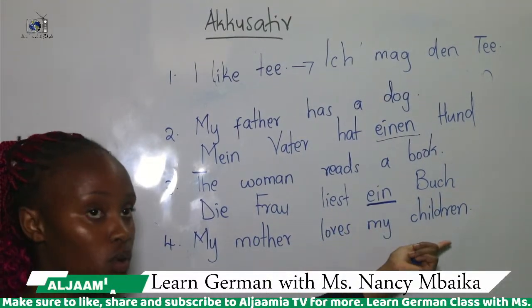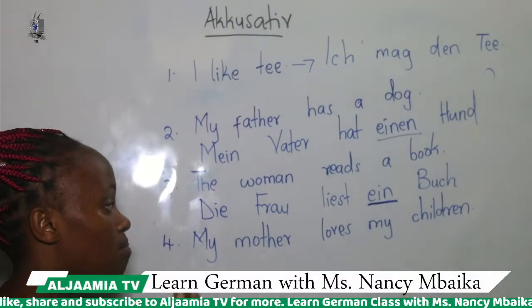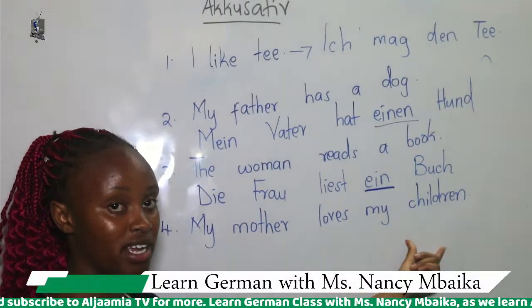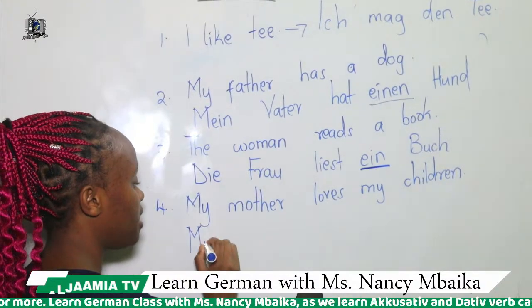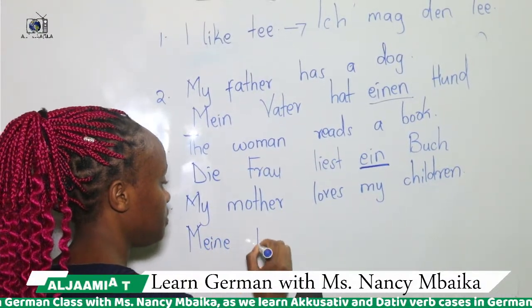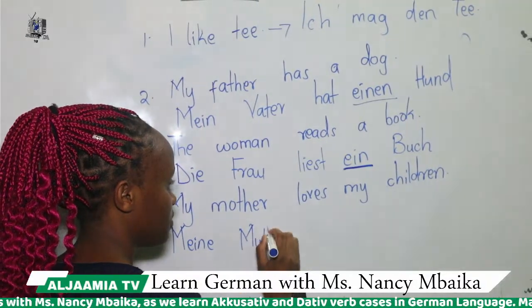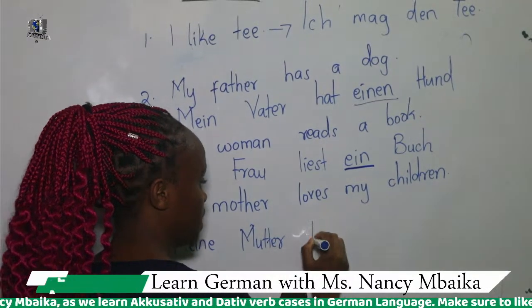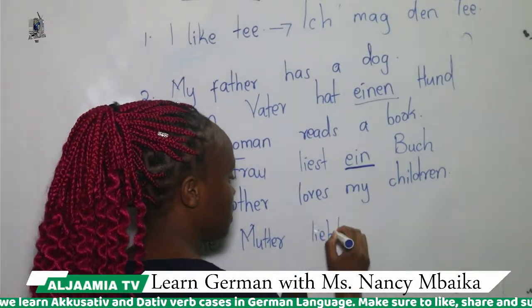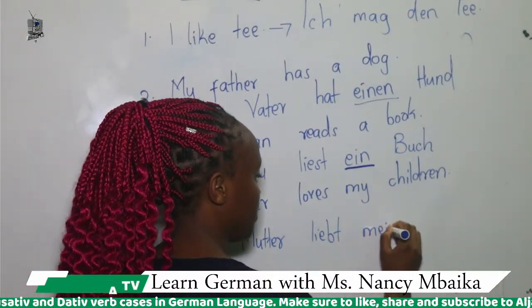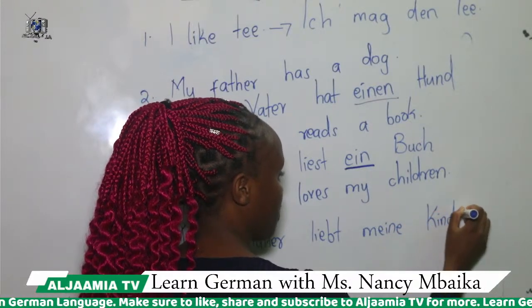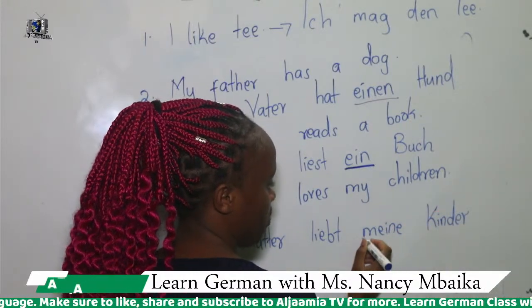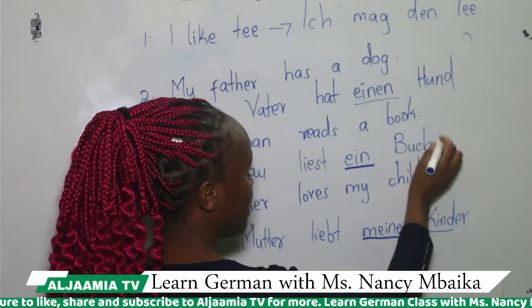So ein Buch. And then the last one, my mother loves my children. My children are going to be the object of our sentence. So we're going to write, meine Mutter liebt meine Kinder. So pay attention to meine Kinder.